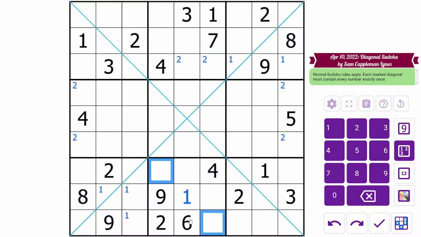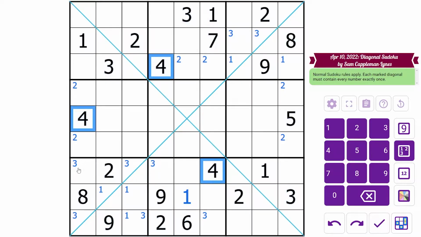So put 3s there. In this box, 3s could be on either side. 3s have to be here. And that looks like that covers 3s.